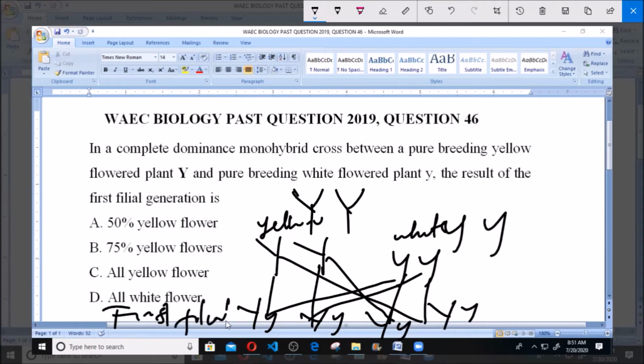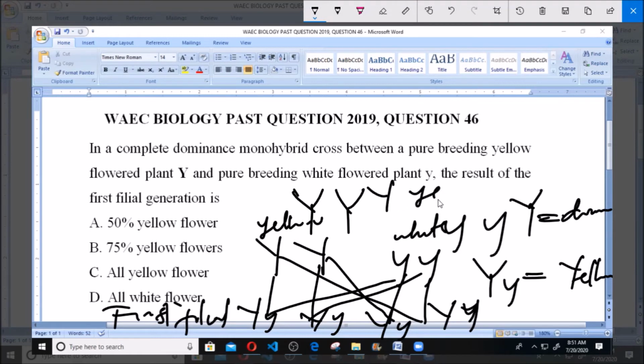Now in this first filial generation, each organism has the alleles Yy, and this is the genetic makeup of each organism in the first filial generation. And Yy will give you a yellow flower, because the capital letter Y is dominant, and Y represents yellow flower.